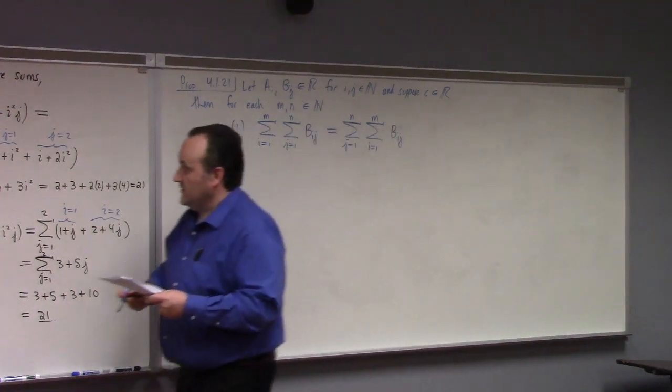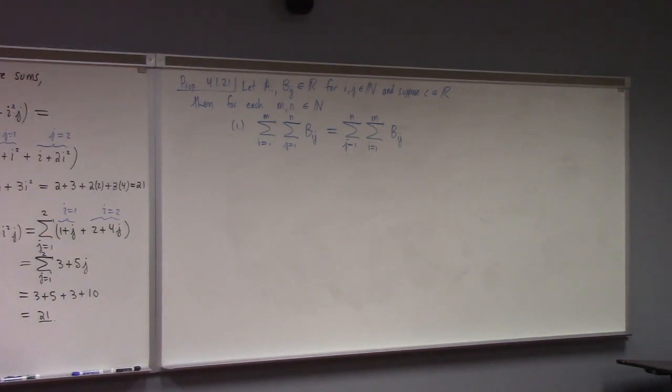In other words, the thing we just saw in example 2 is in fact a general identity.